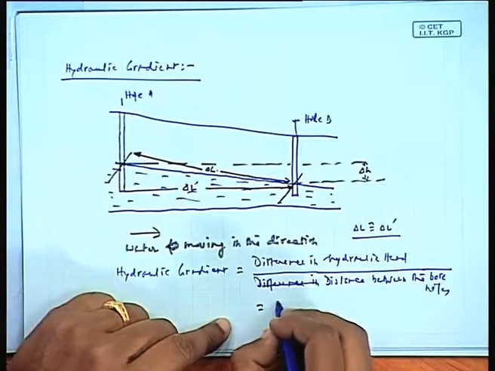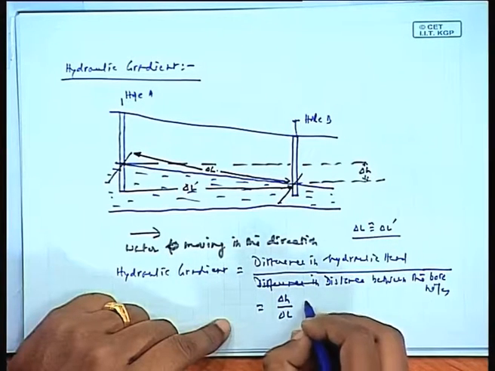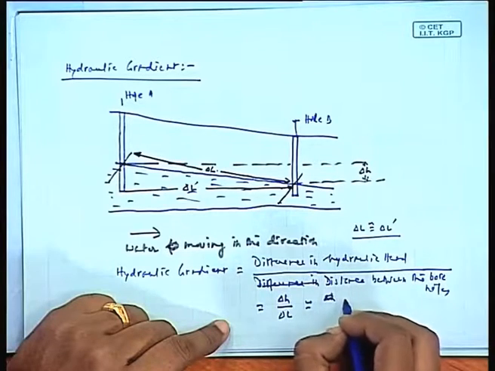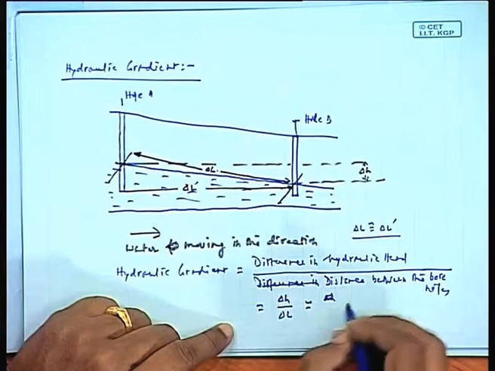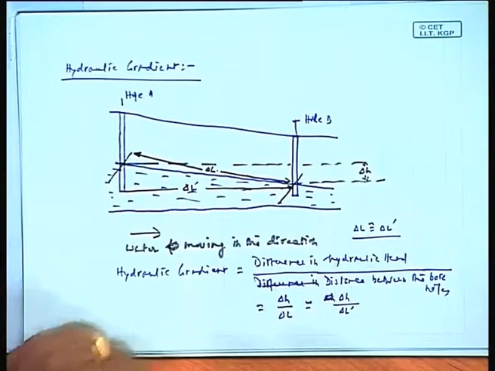So you can see this as del H by del L. In many cases it can be del H divided by del L dashed.